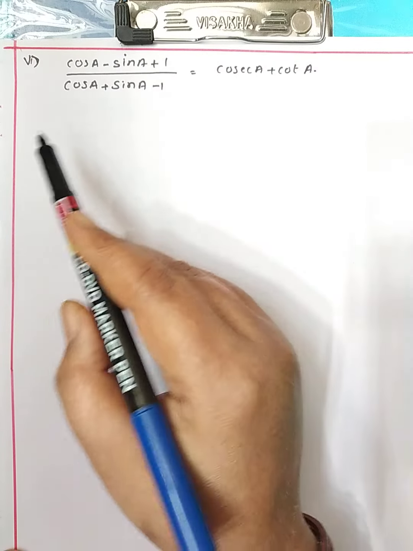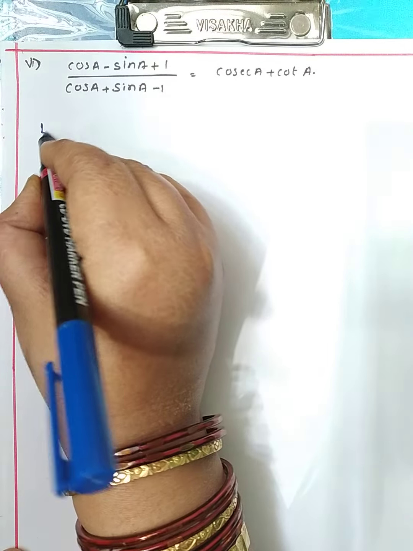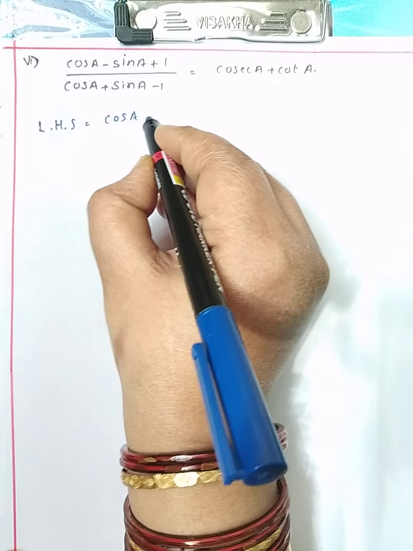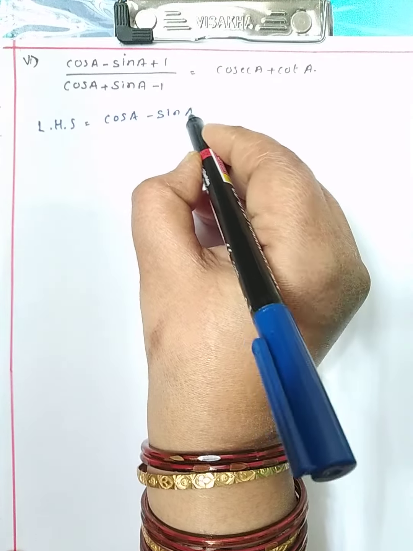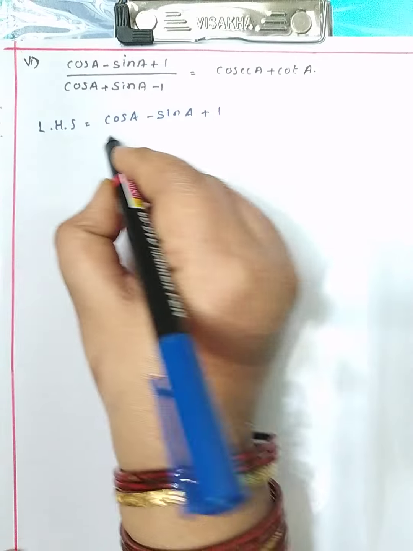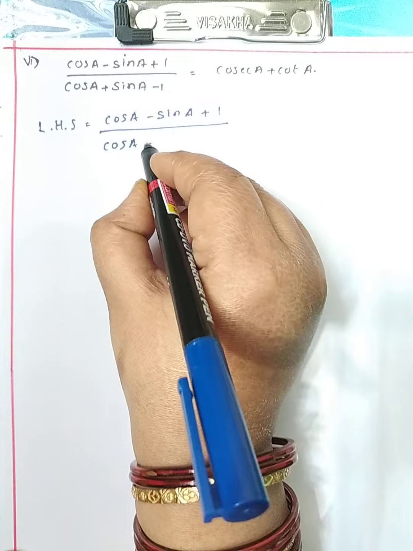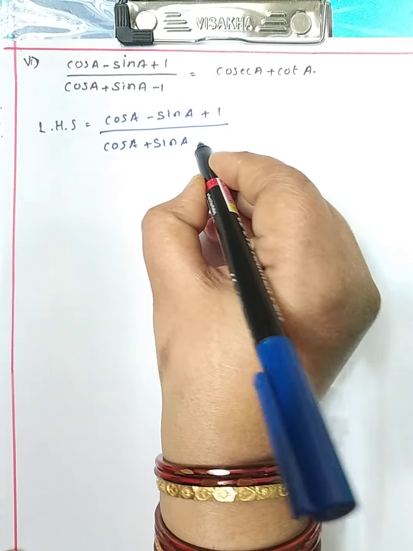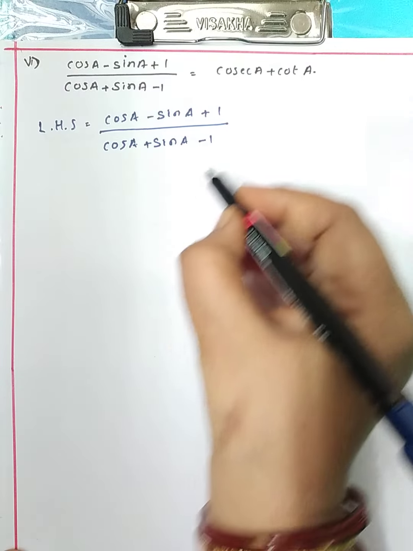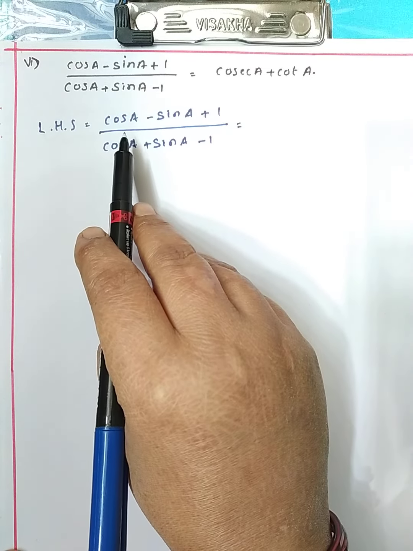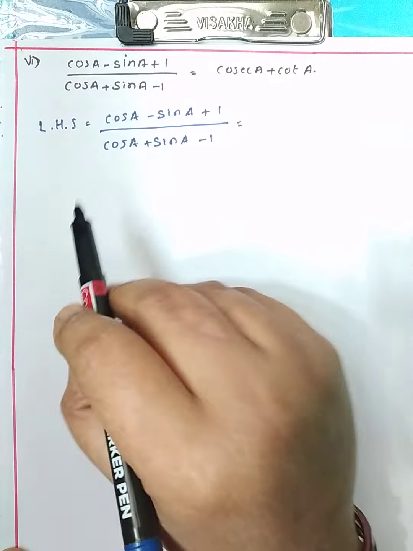So let's simplify first. LHS is cos A minus sin A plus 1 divided by cos A plus sin A minus 1. What we will do is convert this cos and sin into cosec and cot.